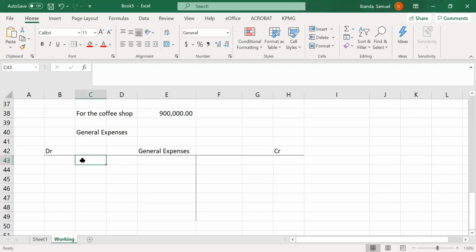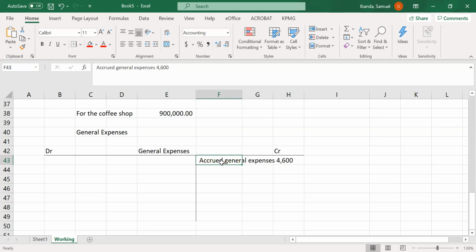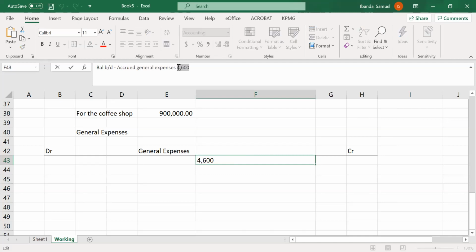So when you come here, do we record it here or here? Now, since accrued general expenses are liabilities, and liabilities have a normal credit balance, I'm going to record this right here. So I'm going to call it balance brought down relating to accrued general expenses, which is 4,600.